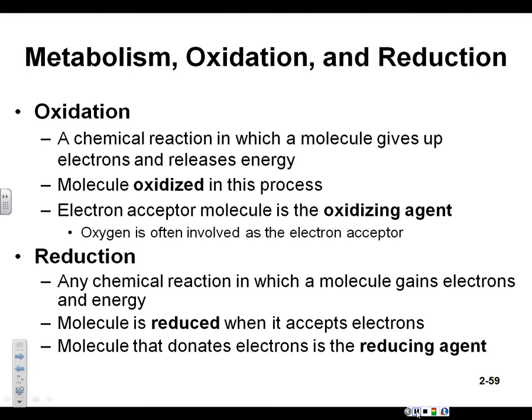So if something is oxidized, it loses something. So whatever accepted it is the oxidizing agent. When it's reduced, that means it accepted something. But whatever donated it is the reducing agent. So when we look at sodium and chloride, sodium would be the reducing agent or the oxidizing agent?